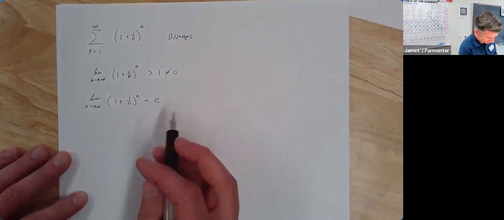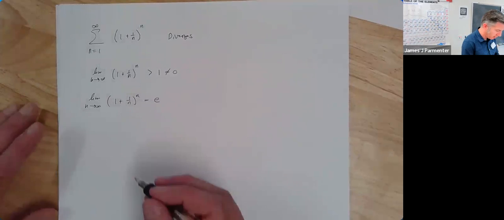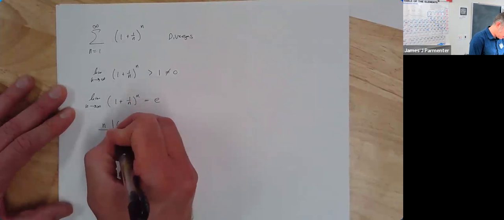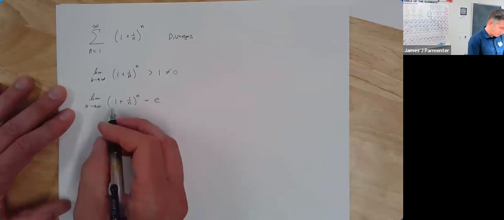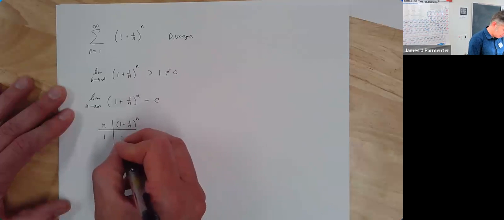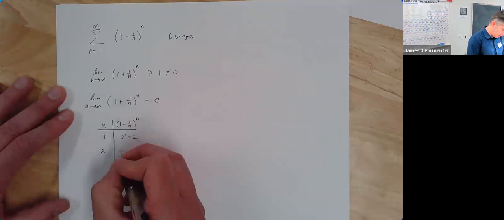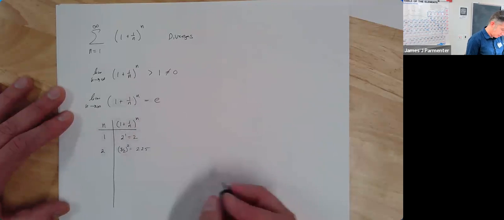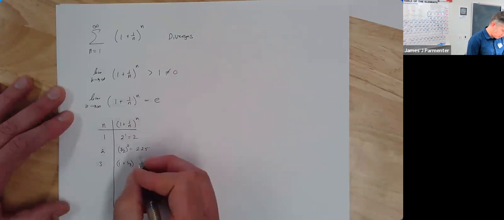I don't want to get too into this, but it's definitely bigger than 1 because the numbers are bigger than 1. So if we start making a list of values of (1 plus 1 over n) to the nth power, you plug in 1, 1 plus 1 is 2, 2 to the 1 is 2. If you plug in 2, you get 1 plus a half, so 3 halves squared, which is 9/4, which is 2.25. If you plug in 3, it's definitely moving away from 2. It's getting bigger.